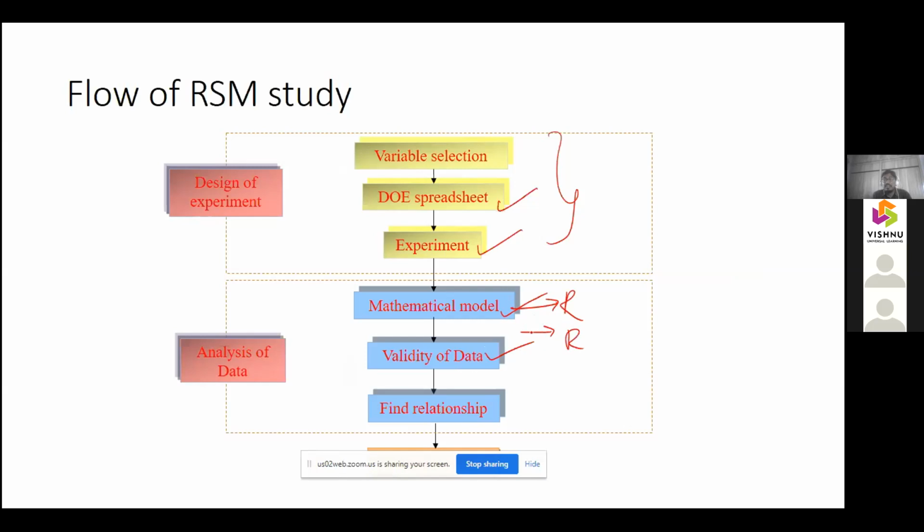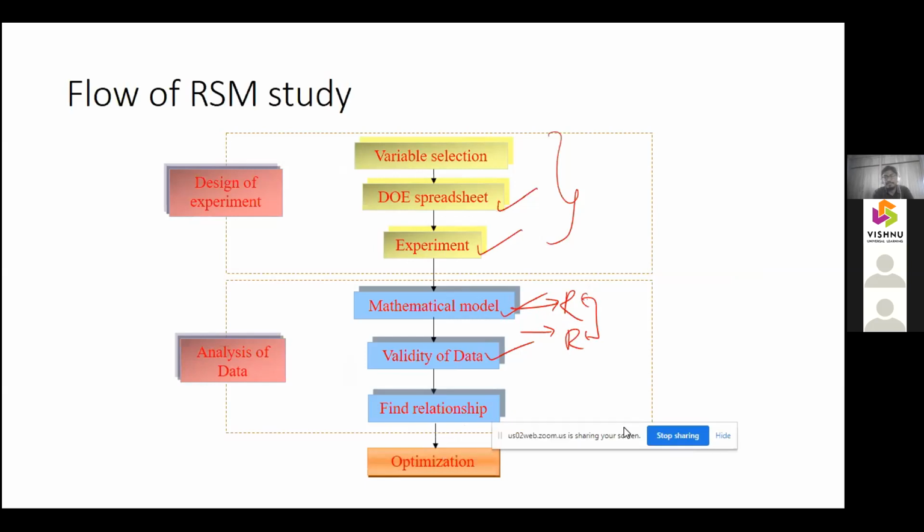The levels at which I do the experimentation will be different, but in the same search domain. If both are satisfied, then I can say that the regression equation is fit. Then, if required, I will go for optimization. Okay. So this is the whole procedure, or the flow chart.